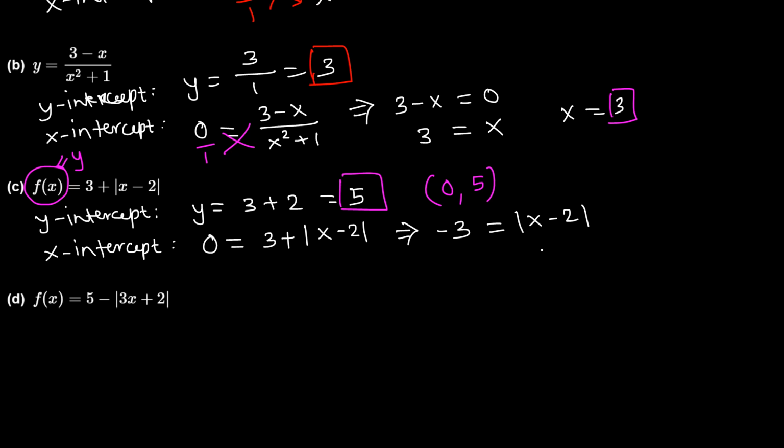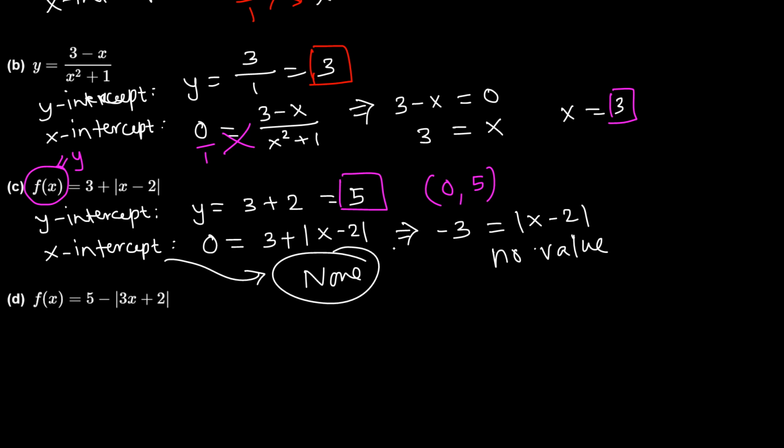As we know, the absolute value of any number is always a positive number. The absolute value of a negative number is positive, and the absolute value of a positive number is positive. But we are trying to get the absolute value of something equal to a negative number, which never happens. So in this case, for the x-intercept, there is no x value. So the x-intercept answer is none, because there is no number whose absolute value is negative 3.